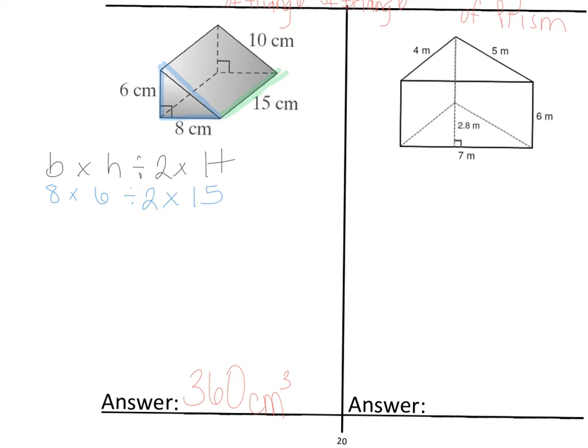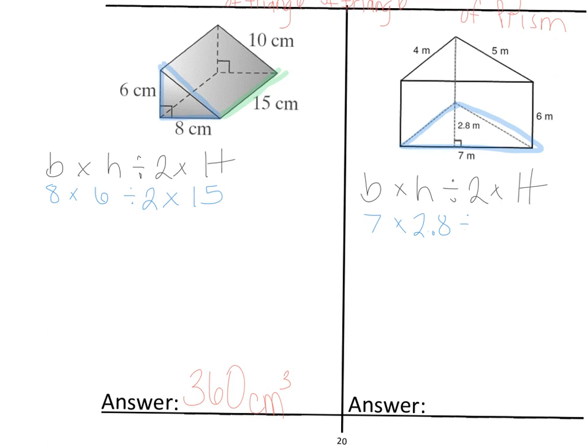Now let's try the second one. We know that we're dealing with volume of a triangular prism, and the formula is base times height divided by 2 times big height. So we plug in our numbers. Well, if we take a look at our triangle, the base and height of that triangle are formed at the right angle. Therefore, our base and height are 7 and 2.8.